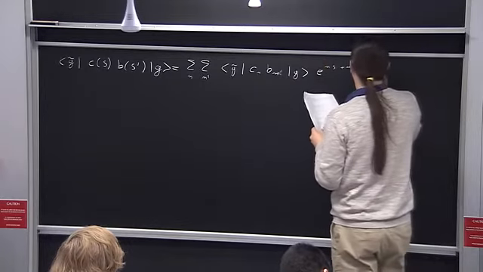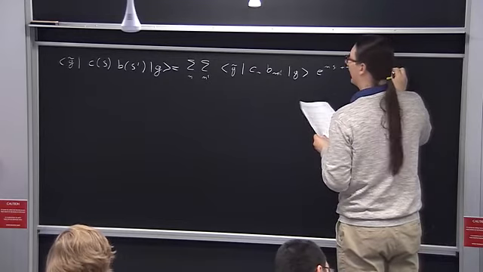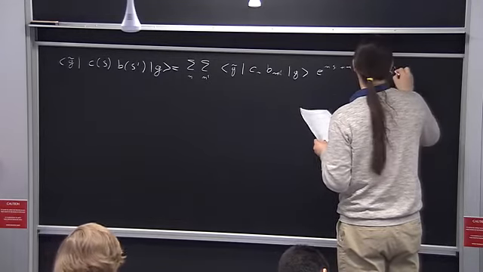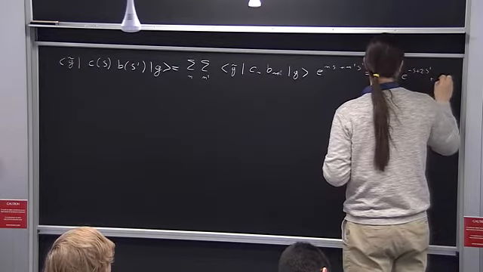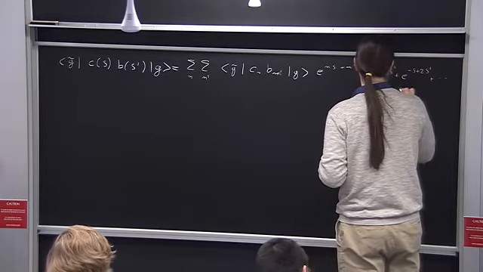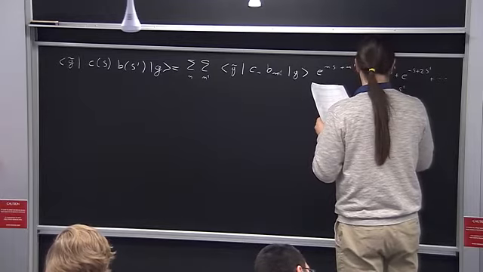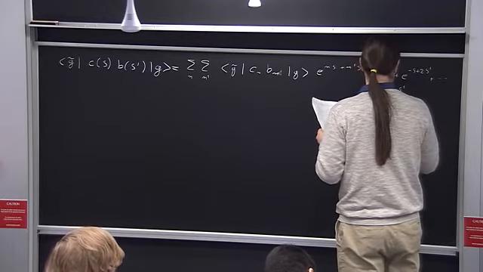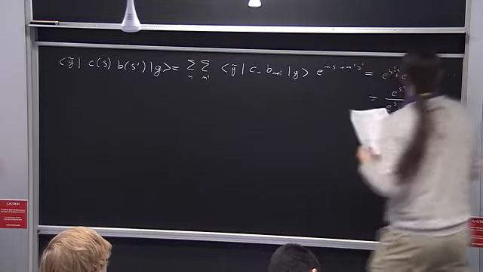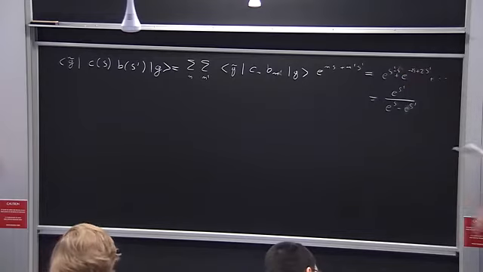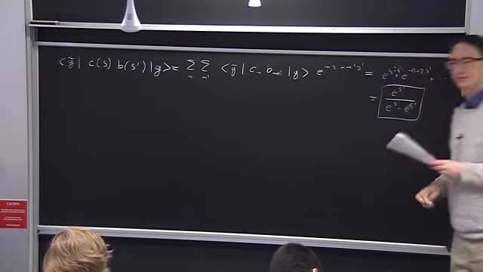So I get something like e to the s' plus e to the minus s plus 2s' plus dot dot dot, which I can resum to e to the s' over... oh, sorry, so I want to say that this is the answer. I meant this. Okay. So this is the answer.